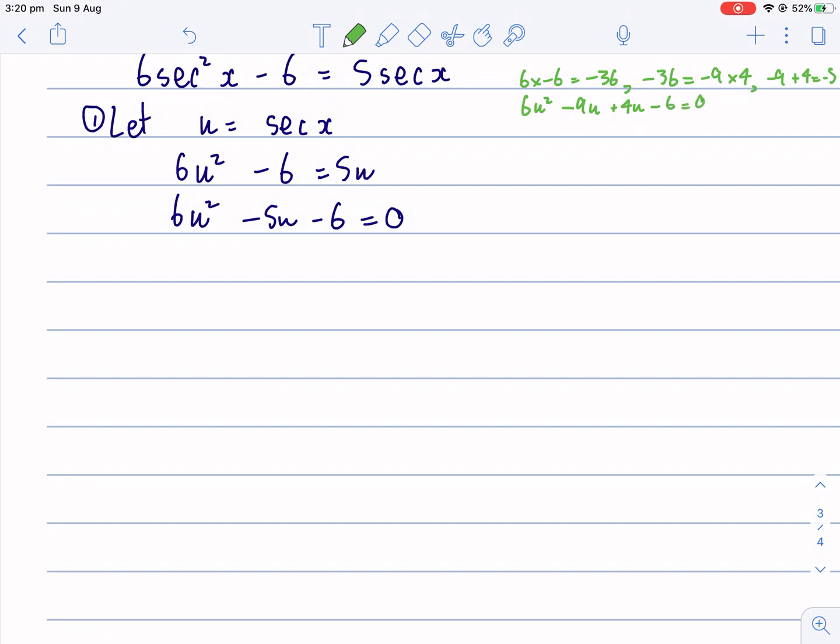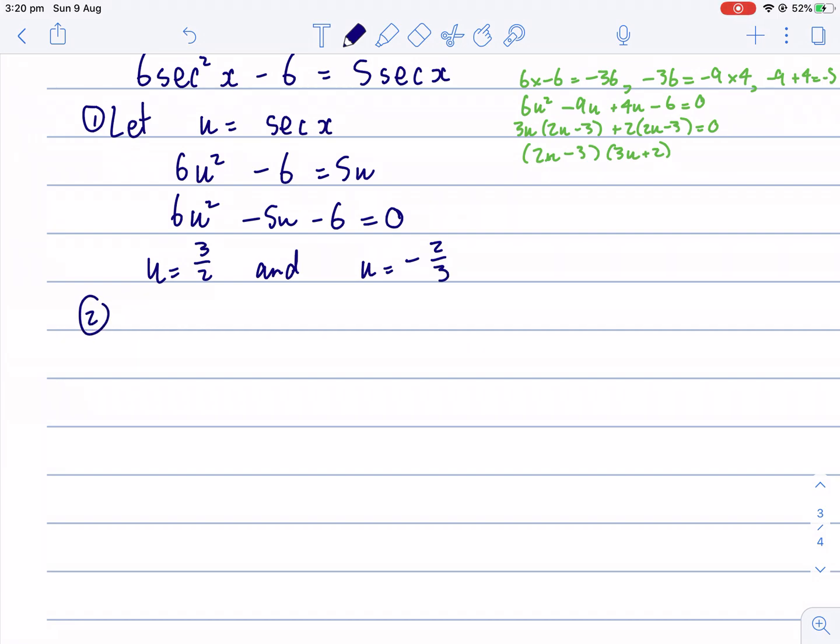So we've got 3u plus 2, 2u take 3 equals 0. So we've got u equals 3 over 2 and u equals negative 2 over 3.